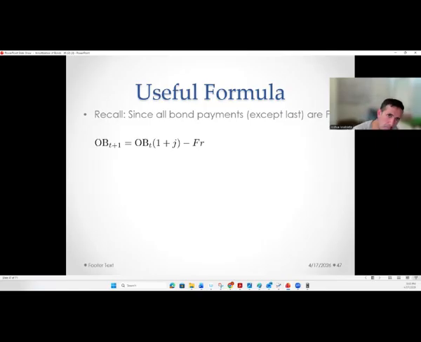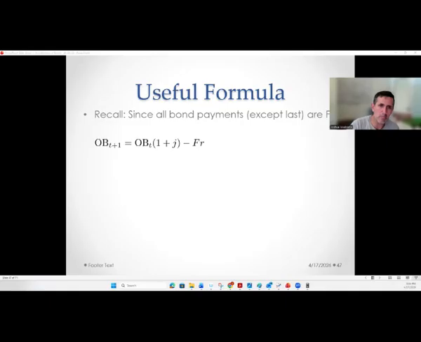But anyway, so let's go back to what outstanding balance really means. So remember, assuming we're not at the end, the coupon is just FR, or that's your loan payment, thinking of a bond as a loan.